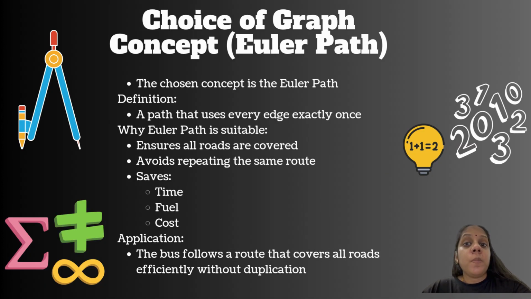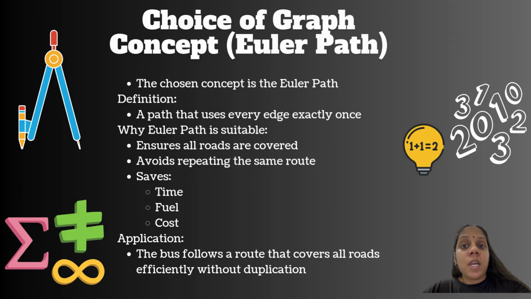Choice of graph concept: Euler path. Now comes the important decision. Which graph concept should we use? The answer is the Euler path. An Euler path is a route that passes through every edge exactly once. Let me explain why this is perfect for our situation. Think about it.